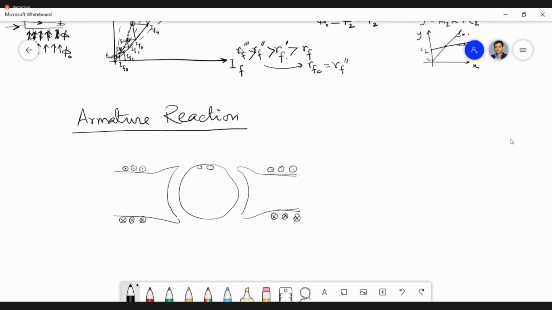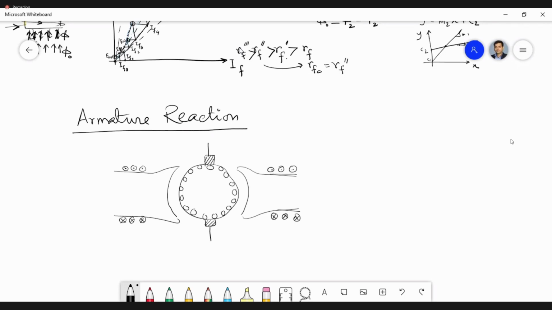And these are the armature conductors, but there is no current. Only the conductors are there. There is no current through this conductor. And we have brush connected here. So these are two brushes, and these are the poles.